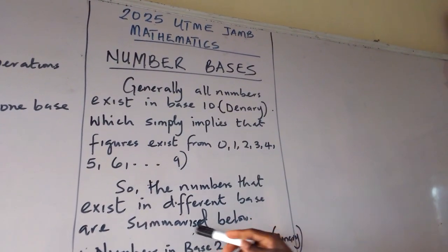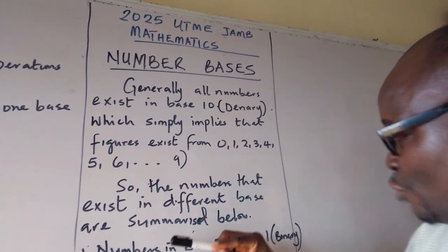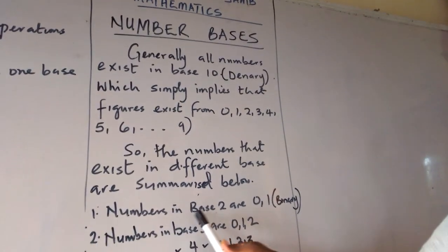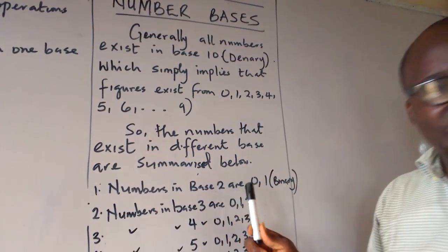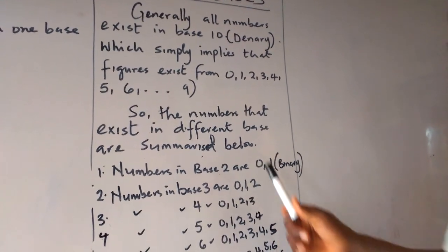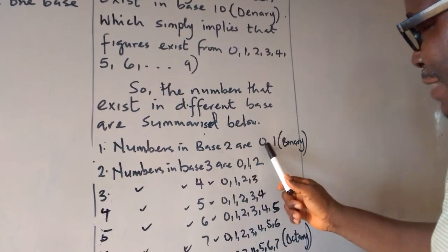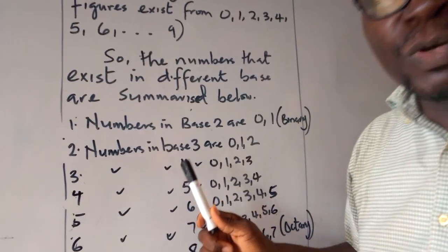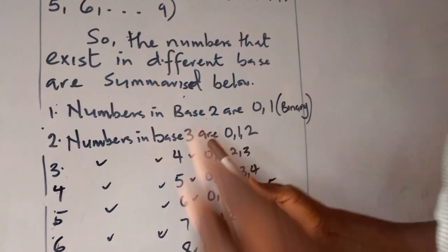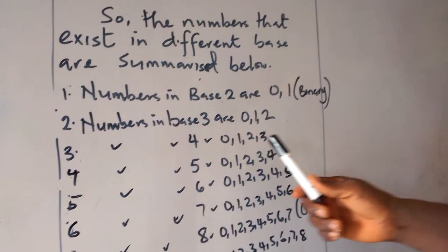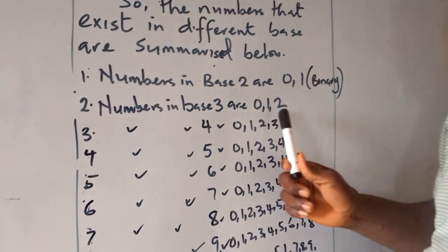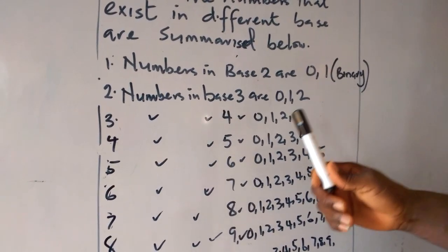The numbers that exist in different bases have been summarized here below. Numbers in base 2 are called binary numbers, and the figures you see under these are 0 and 1. By application, we use them in the design of on and off switches in our appliances, both at home or at office areas.